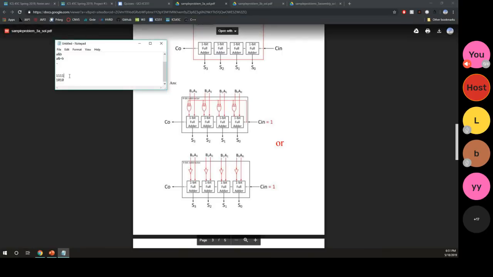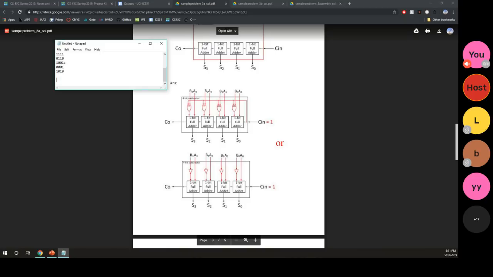So if you have, and correct me if I'm wrong because this was a while ago, so I don't know off the top of my head, if you have A, which is this, and B, which is, let's say this, and you want to subtract B from A, you have to flip it and then add 1, right? So you flip it and then you add 1. So you add 1 here, and that's how you get 1 0, right?